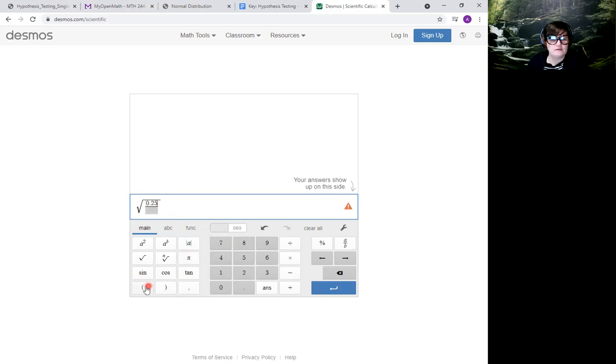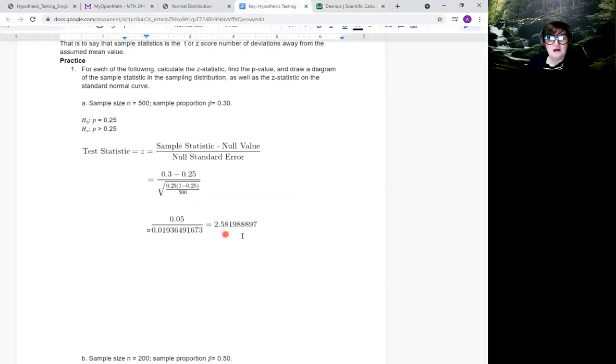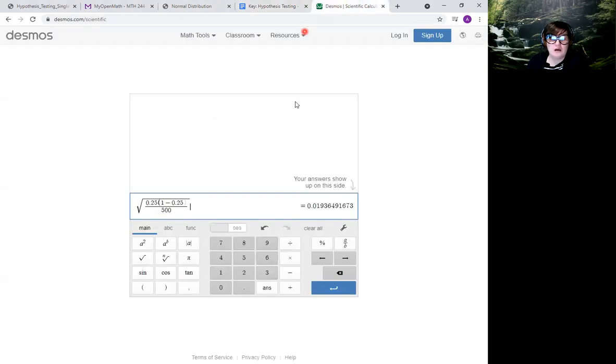Then I'll go back up to the top, put a parenthesis in, 1 minus my null value divided by my sample size. And there we, oop. It looks like I copied over my number. Oh, no, I didn't. Sorry, there's that. I was thinking about that 2.5. There we go. So that is how I would put this in.